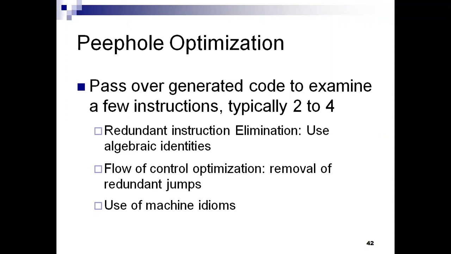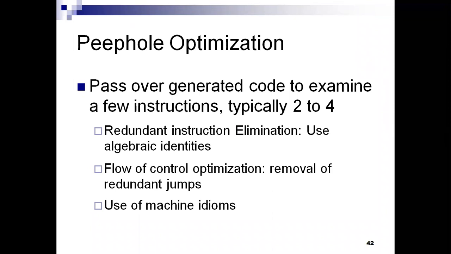Knowing the definition, here we have some characteristics of peephole optimization, applied on the target code. The first one is redundant instruction elimination, the second is flow of control optimization or removal of redundant jumps, and the third is use of machine idioms.